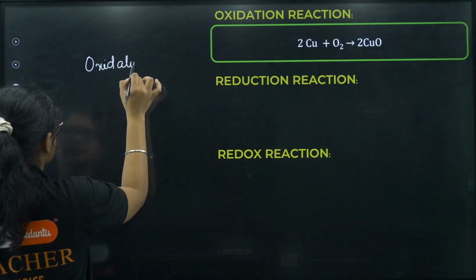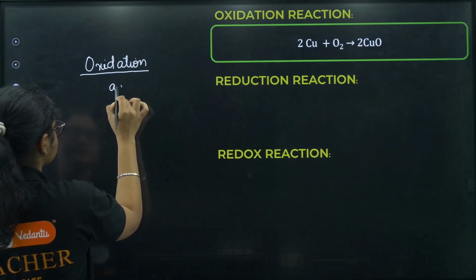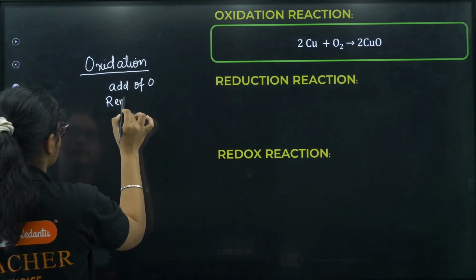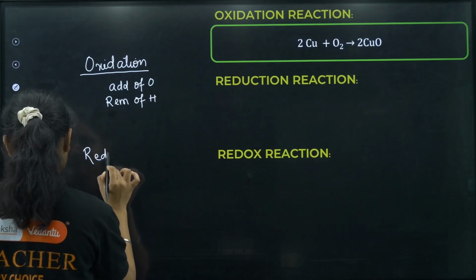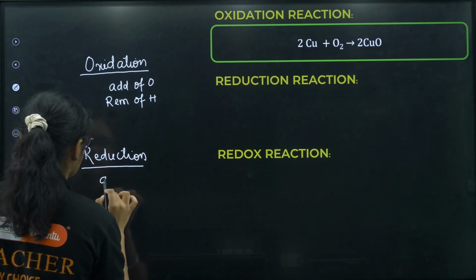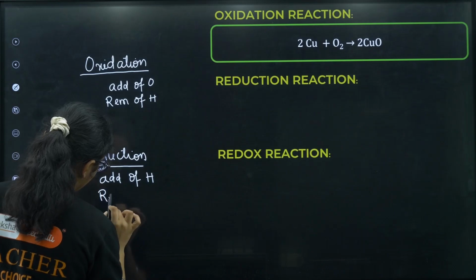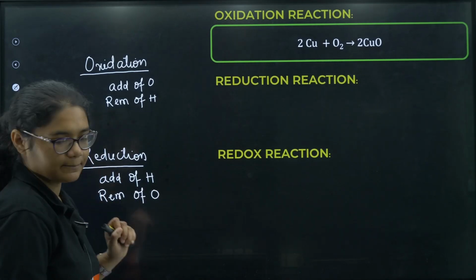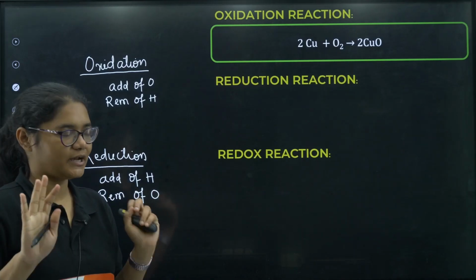Remember, oxidation is addition of oxygen, removal of hydrogen, and reduction is addition of hydrogen and removal of oxygen. This is there. Okay. Now, ma'am, tell me in terms of electrons also. So, let me tell you that.